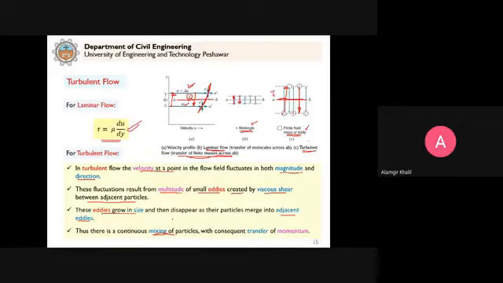Just like we mix sugar with water, we have to rotate the water, create the turbulence so that it can properly mix. This is one advantage. But when we do the analysis, it brings a lot of complexity. With this continuous mixing of particles, there is a transfer of momentum. So now we understand how transfer of momentum occurs.